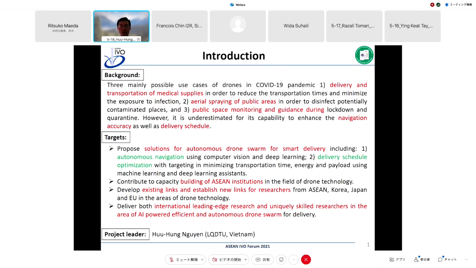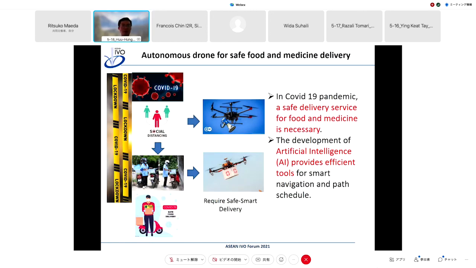So now I introduce a little bit about why we need autonomous drones for safe delivery in COVID-19. When COVID-19 appeared, we needed to keep social distance very well.